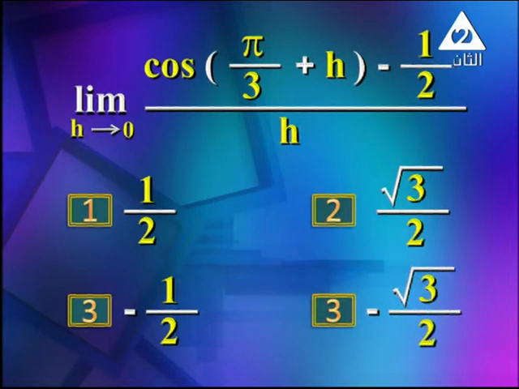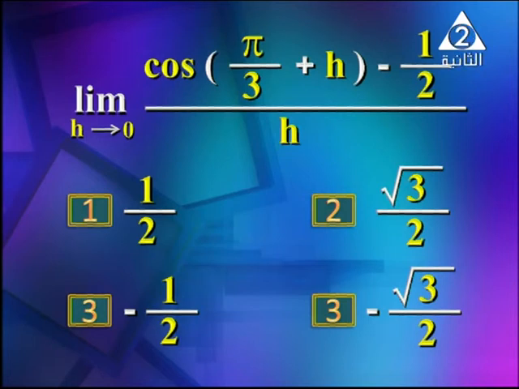My dear student, look at the limit. In the limit of cosine pi over 3 plus h minus 1 over 2, we can replace 1 over 2 by cosine pi over 3.